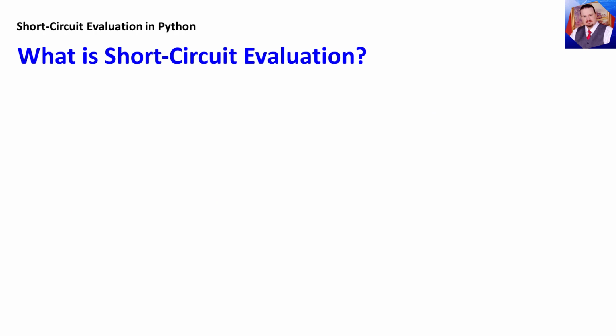So let's begin. All right, what is short circuit evaluation? Short circuit evaluation, sometimes called lazy evaluation or McCarthy evaluation after John McCarthy, deals with the way Boolean operators which support this technique are treated in some programming languages. Python is one such language.